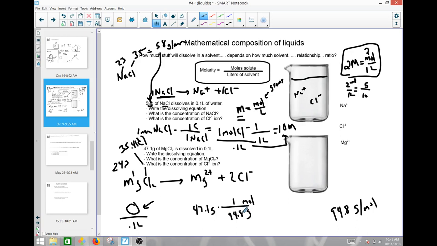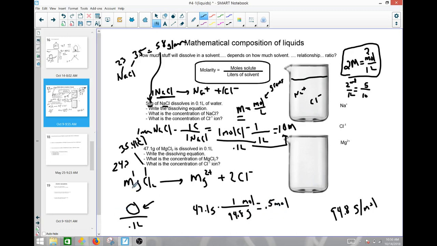All right, and it's a good chance I picked this number to be a nice fraction. 47.1 divided by 94.8, and I get pretty close to a half. 0.4968. So I'm just going to call this about 0.5 moles, for sake of numbers.